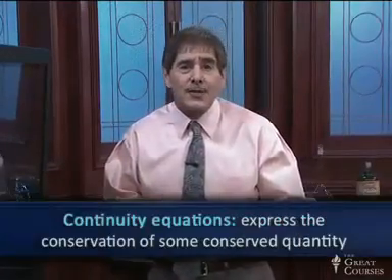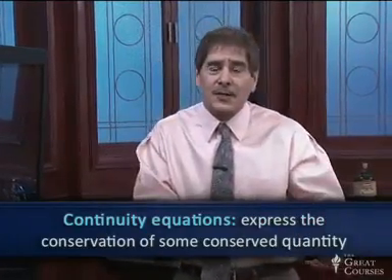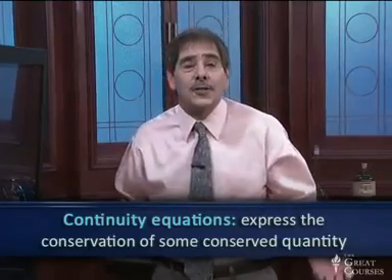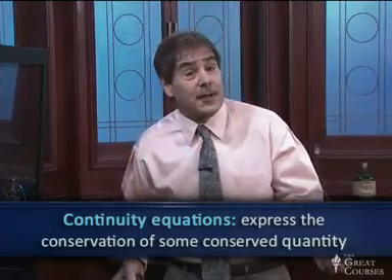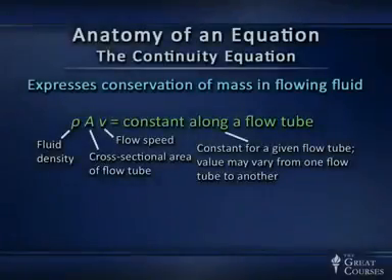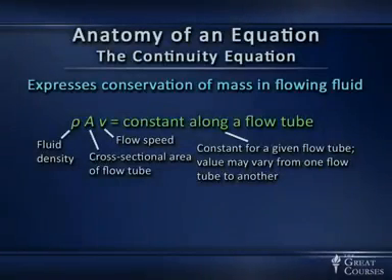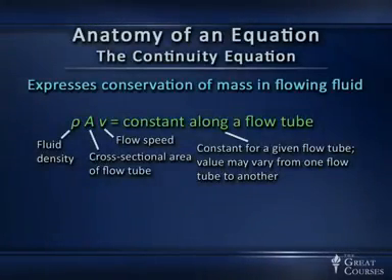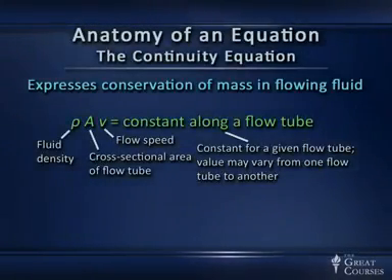That equation is called the continuity equation. There are a number of continuity equations in physics, and what they express is the conservation of some conserved quantity. For example, there's a continuity equation in electromagnetism that expresses the conservation of electric charge. Here we have a continuity equation that expresses the conservation of mass, in this case the conservation of mass in a flowing fluid.